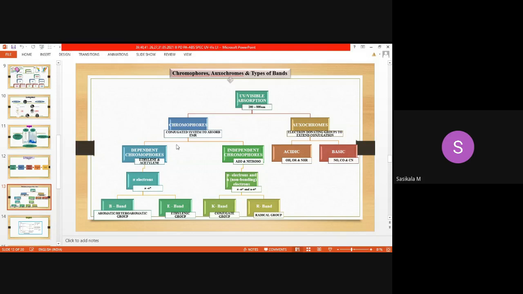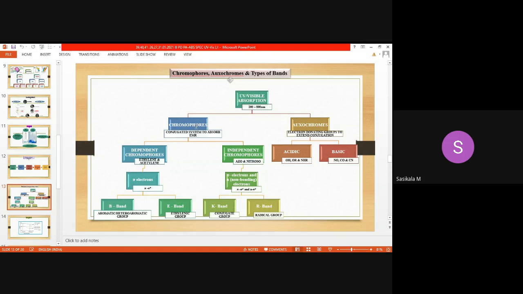That means the pi electron nature will be extended, so it requires less energy for activation. To move from ground state to excited state, that pi electron requires less energy. That is the auxochromes' contribution to chromophores.